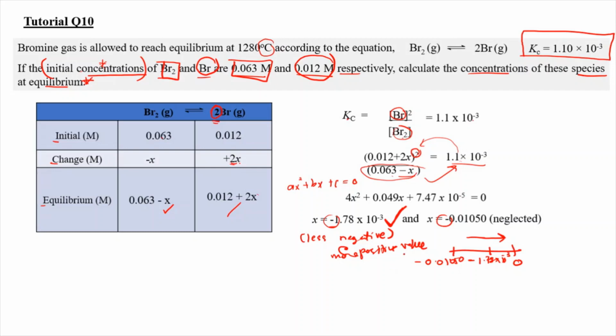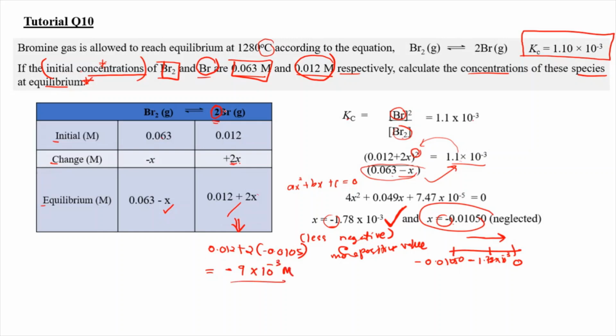Why is that? This is because if you were to plug in the value here inside this expression, you're going to get a negative value. So it is illogical. In order to prove that, we can say 0.012 plus 2 times negative 0.0105. Once we put the x value into this expression, we're going to get negative 9 times 10 to the power of negative 3 molar.